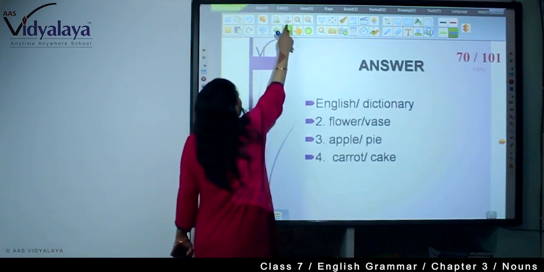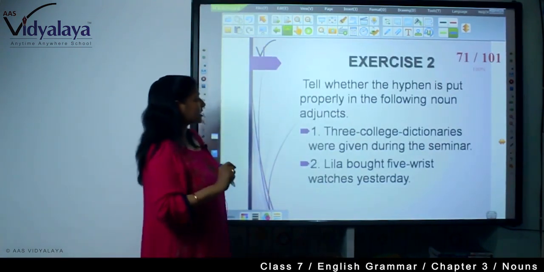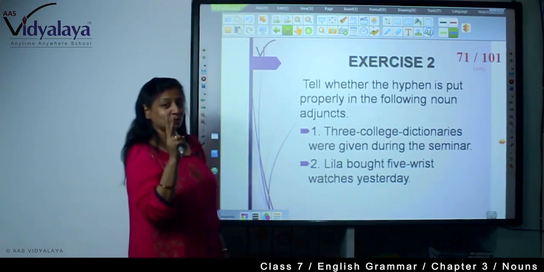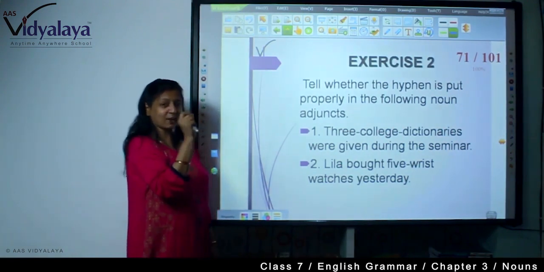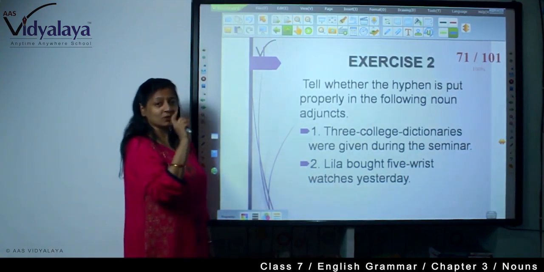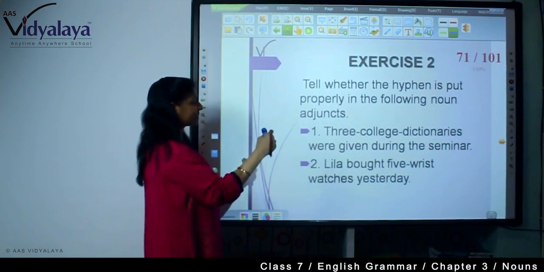Now second, tell whether the hyphen is put properly in the following noun adjuncts. As I have told you, there are two rules. In the first, when the noun is being described by a number, a hyphen is required, and when it is not, then a hyphen is not required. So here, "3-college dictionaries."